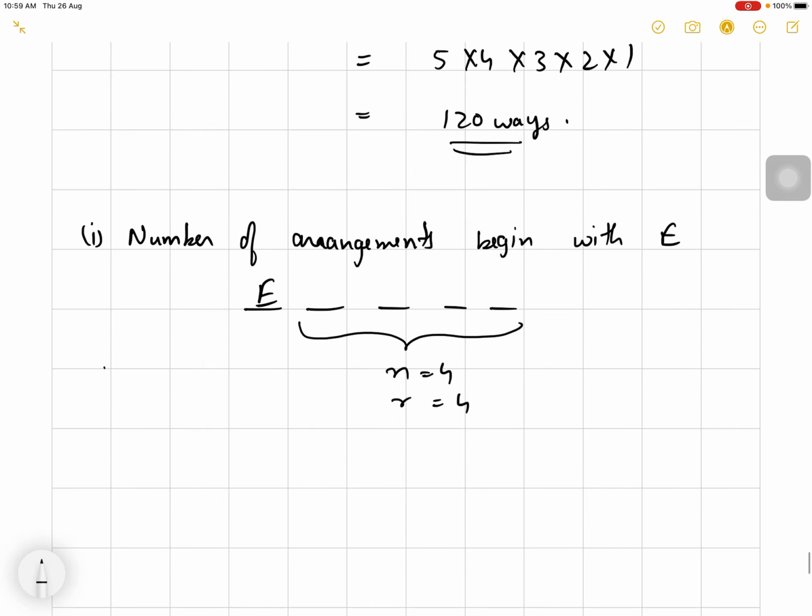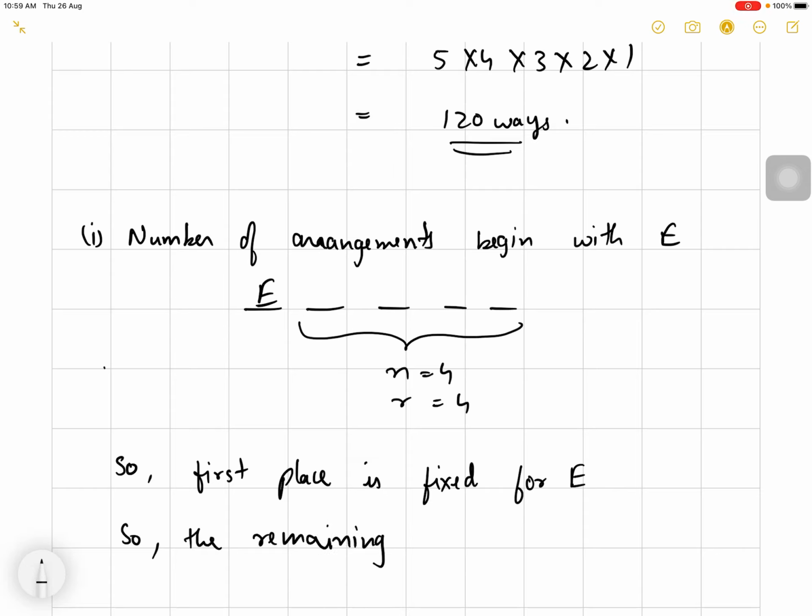So, first place is fixed for E. So, the remaining places to be filled are 4.